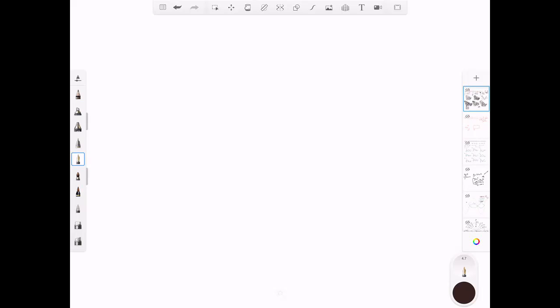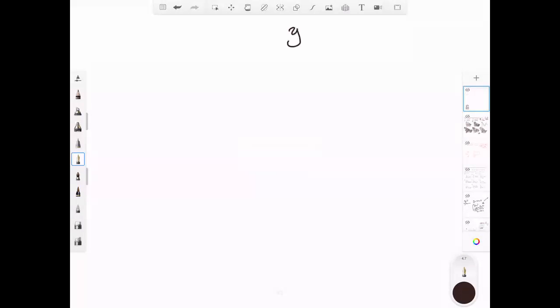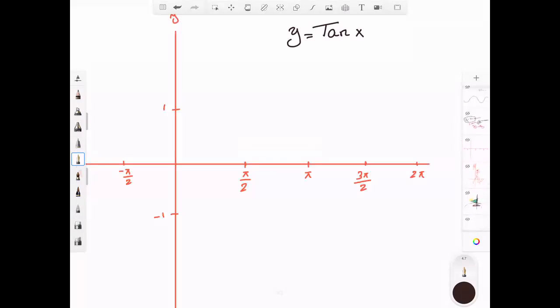This graph is y equals tangent of x. In order to graph, we need to have x and y, correct? This is x and y. We will make a table of x and y. If x is 0, what is tangent of 0?